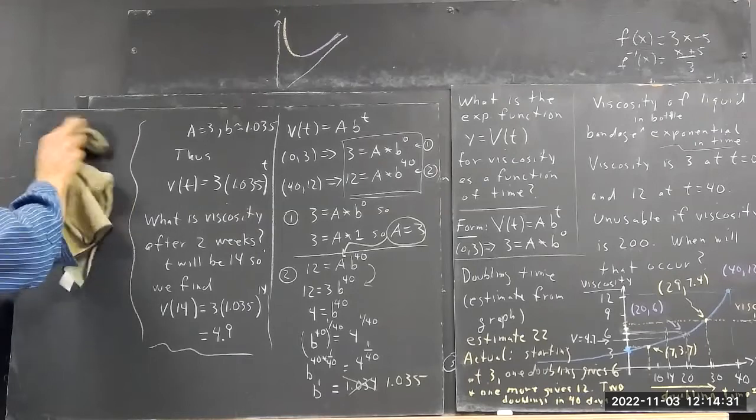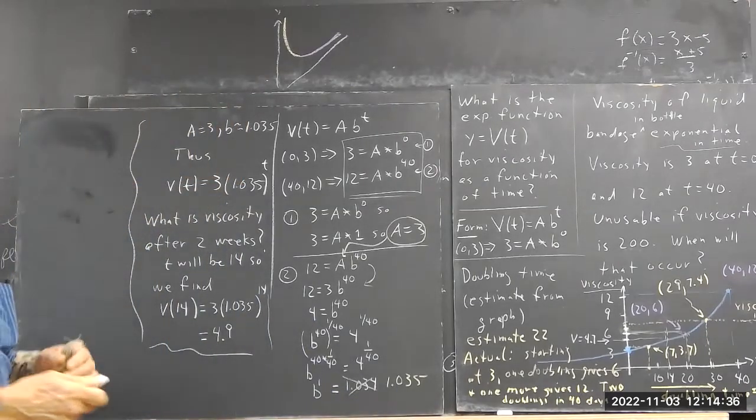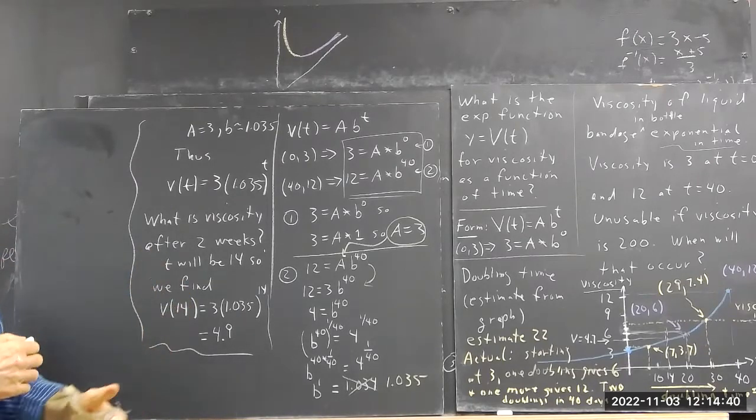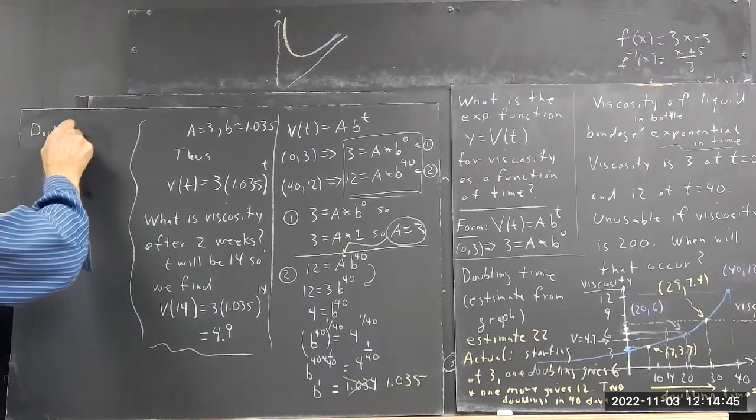The doubling time is increasing. Actually, you could say the half-life is negative, which means the doubling time is positive, but let's just do it a simple way.